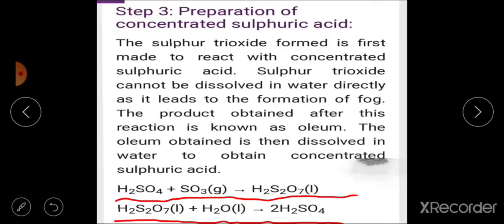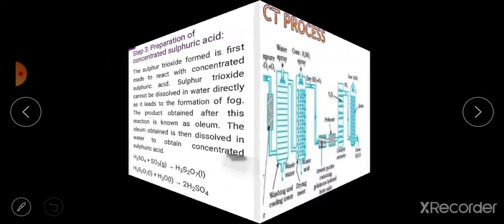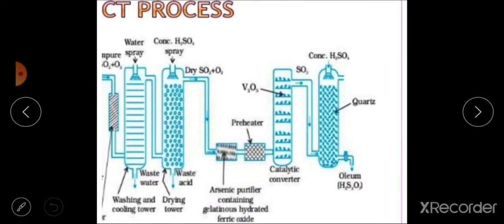Here in the contact process, the sulfuric acid obtained is about 96 to 98% pure. These are the 3 steps involved in the formation of sulfuric acid by contact process. This is the flow diagram of the contact process.